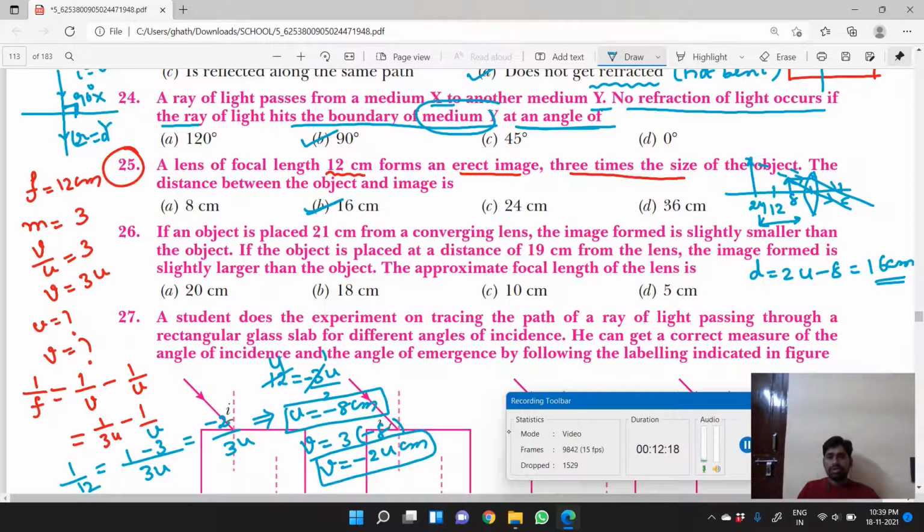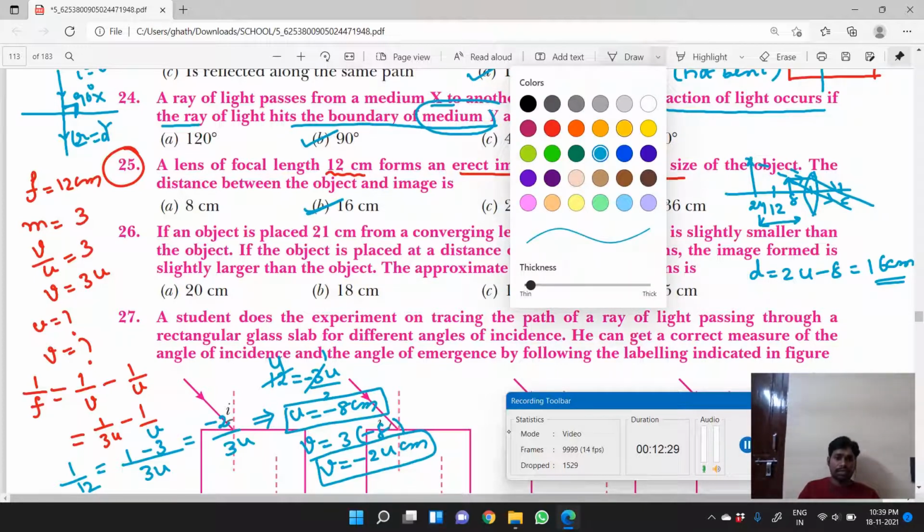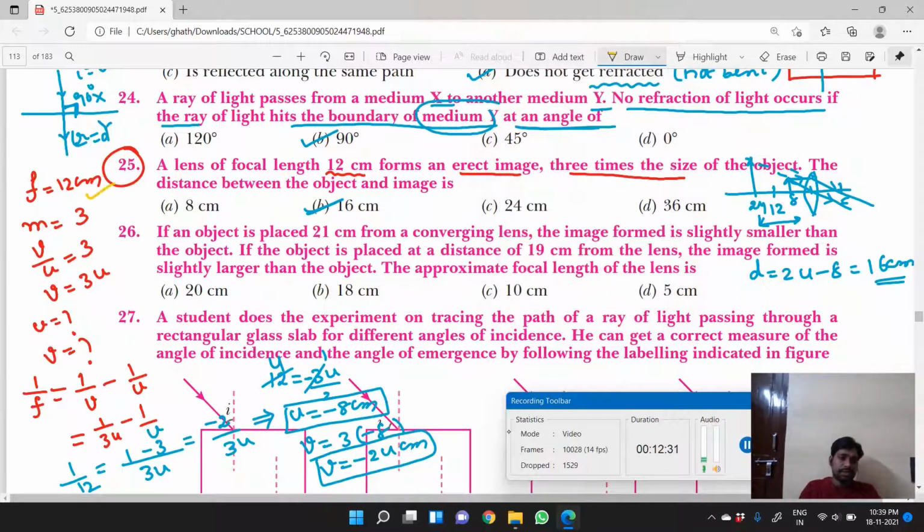My dear students, listen carefully. Again I will explain. What we have to do initially is write the given data. The focal length is given, along with that 3 times the size of the object means magnification is given. The magnification formula for the lens is v by u equal to 3.